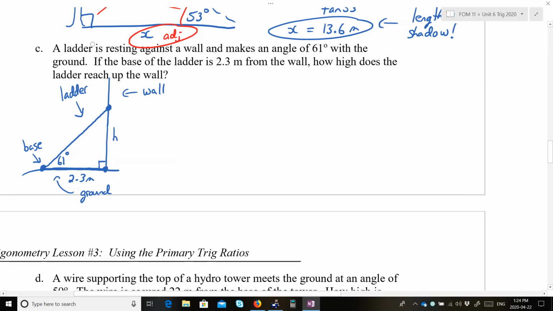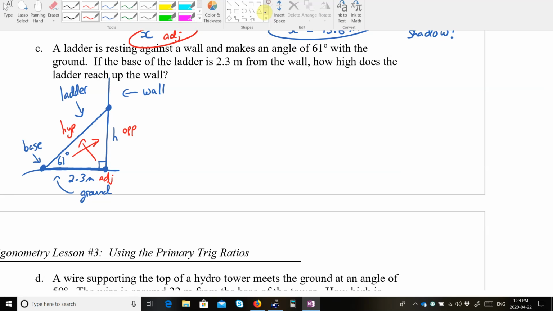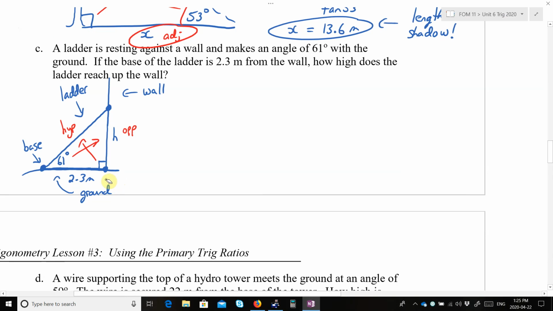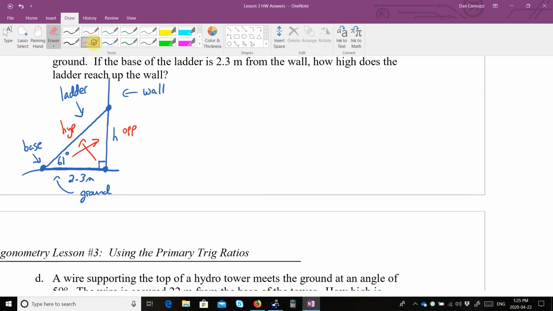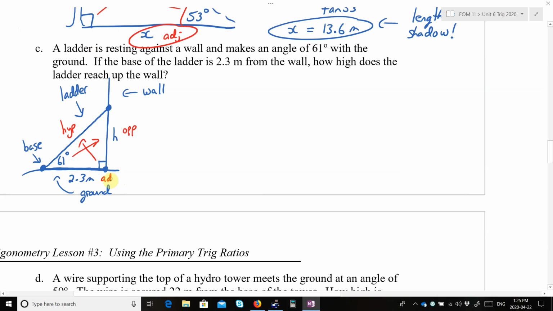Okay, so there's our triangle. We have the 61 degrees. Across from the 61 degrees is the opposite side. Across from the 90 is the hypotenuse, leaving this side to be the adjacent. Okay, and so notice, guys, that we have the adjacent side and we are looking for the opposite side.